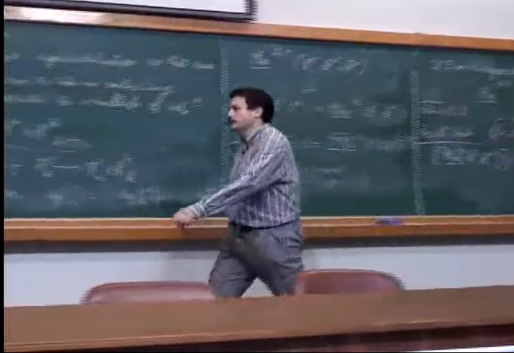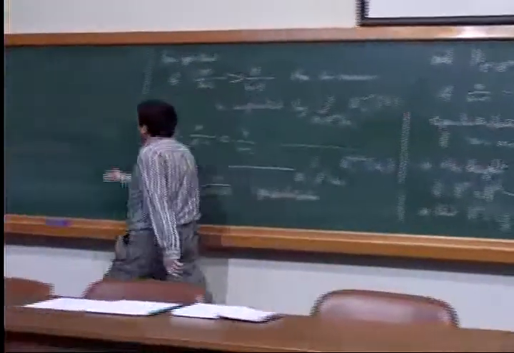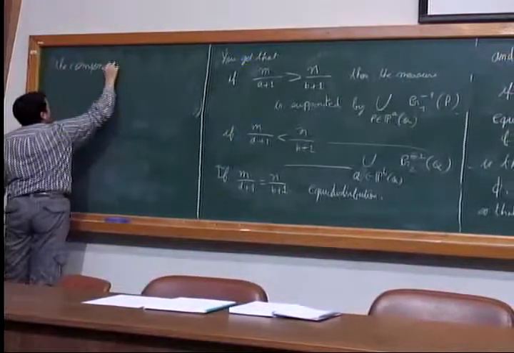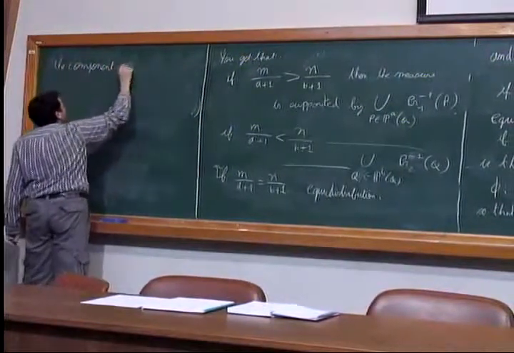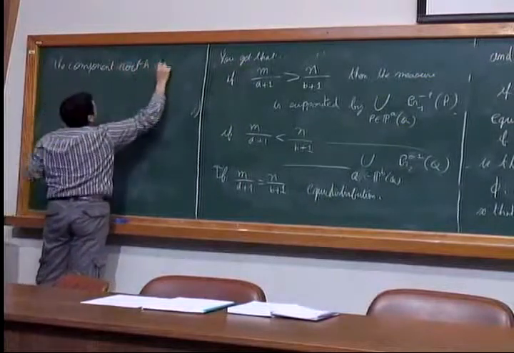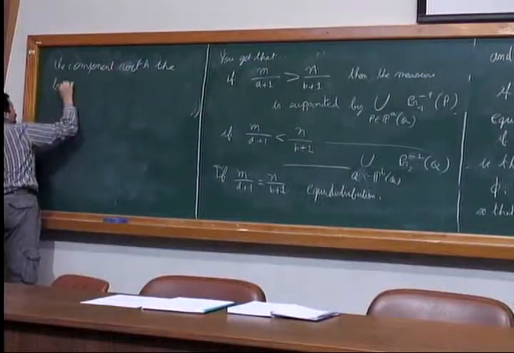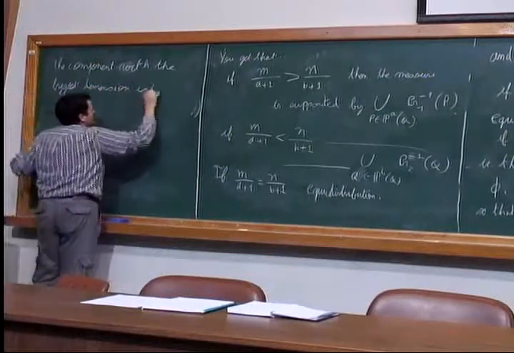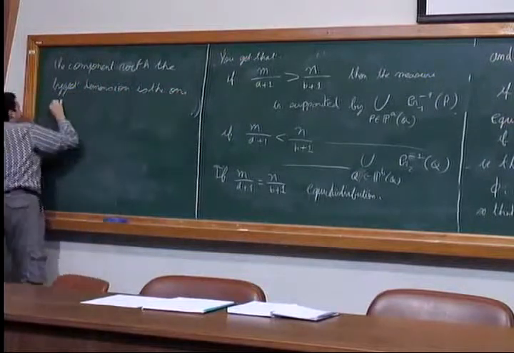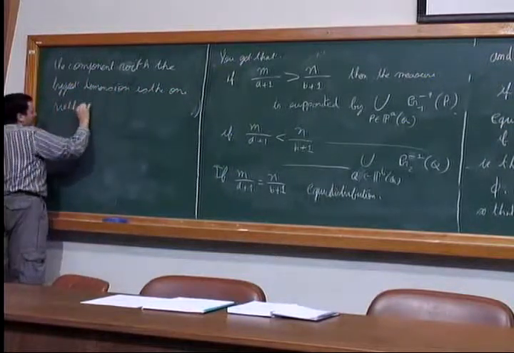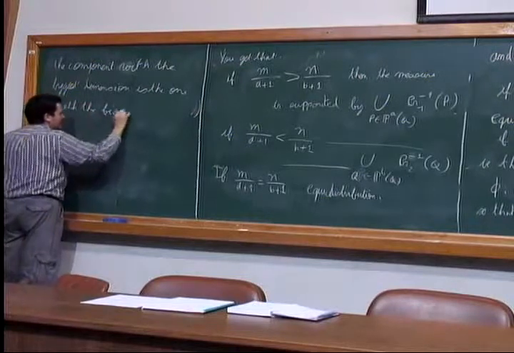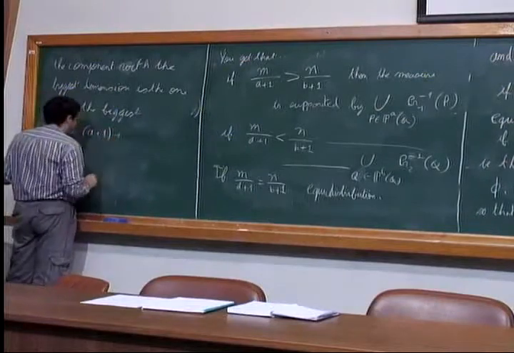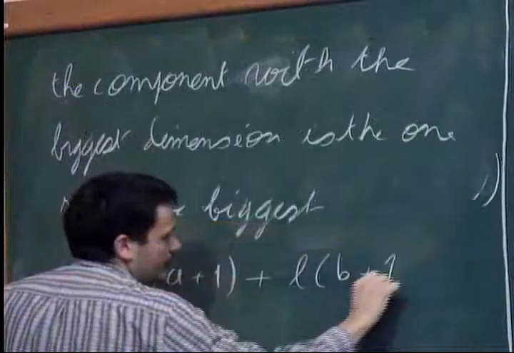So the component with the biggest dimension is the one with the biggest K(A+1) plus L(B+1).